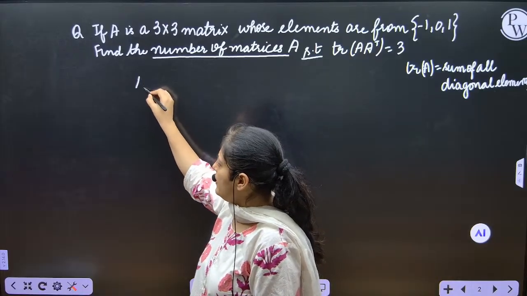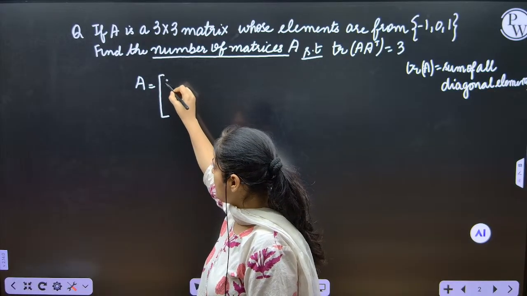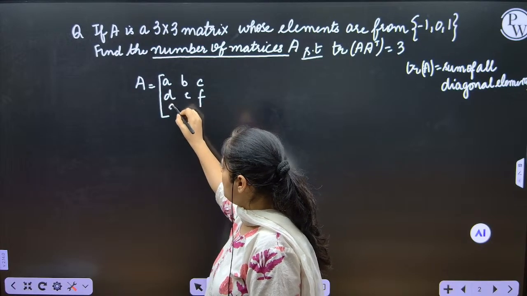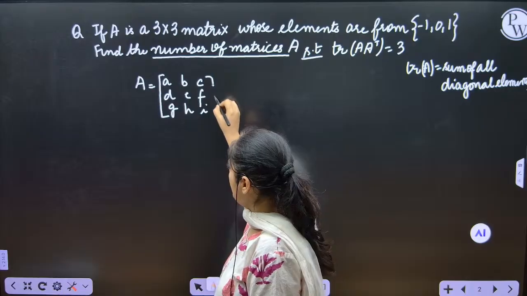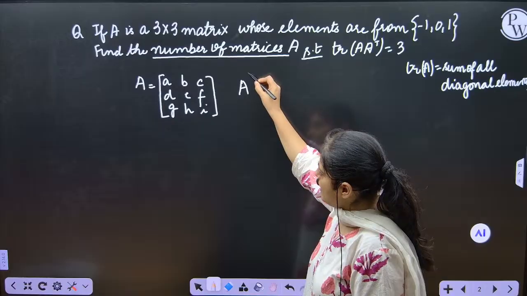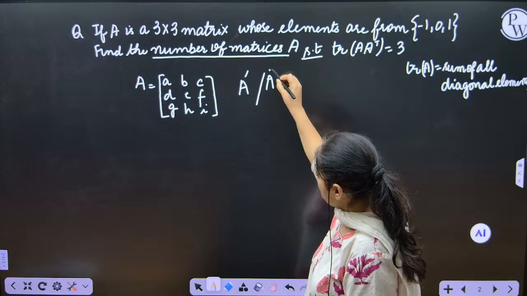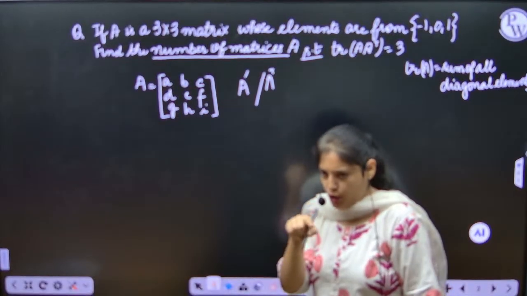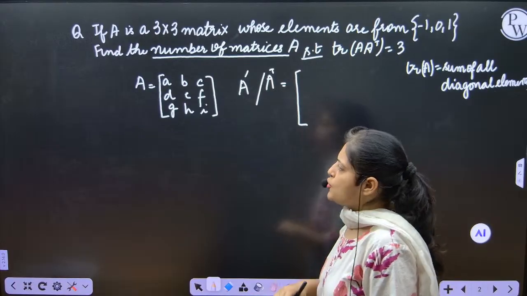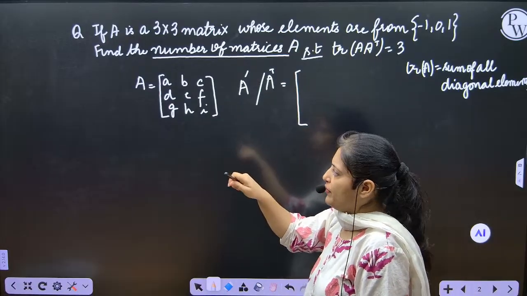Suppose any matrix is there. I am not talking about this particular matrix, I am talking about any matrix: A, B, C, D, E, F, G, H, I. Now transpose: I can write A dash or A raised to power T. Both are representations.